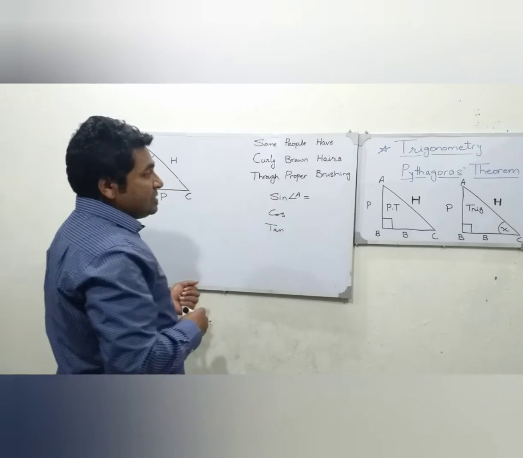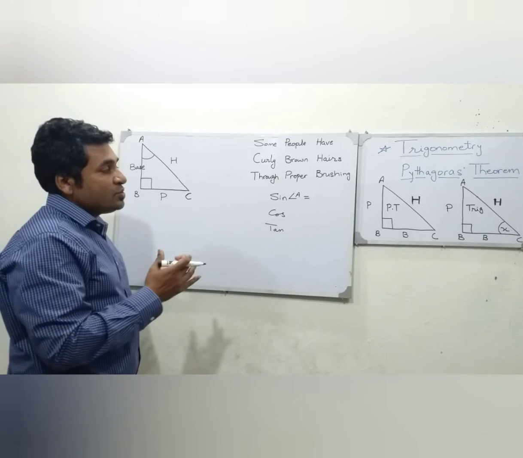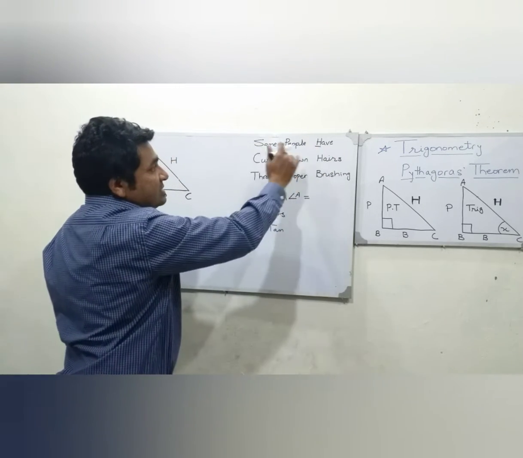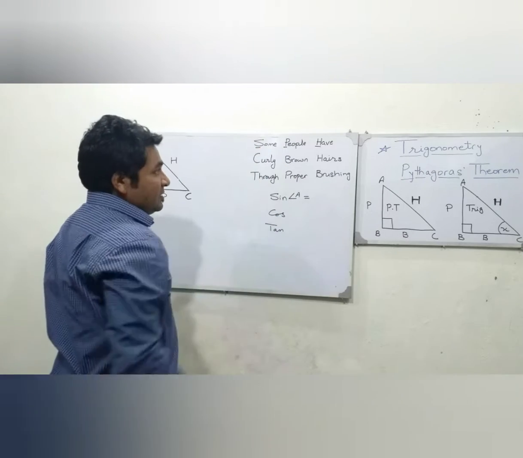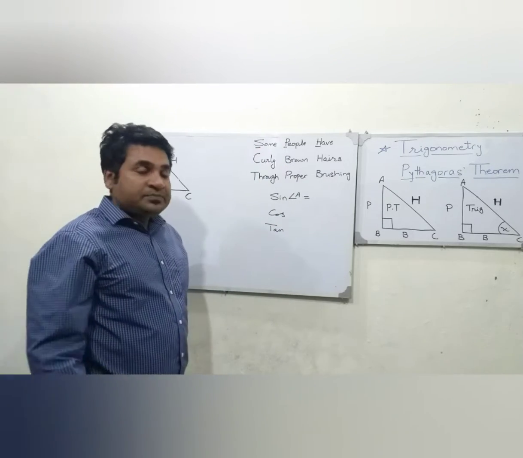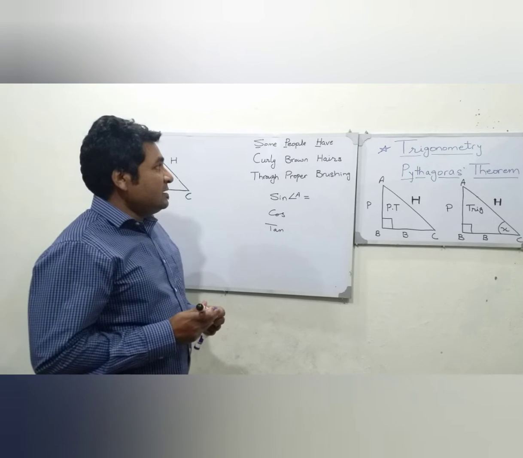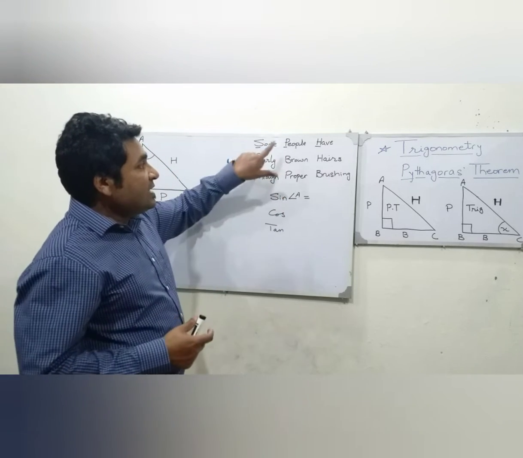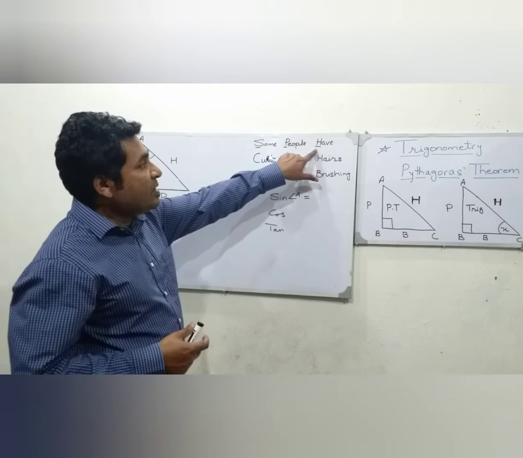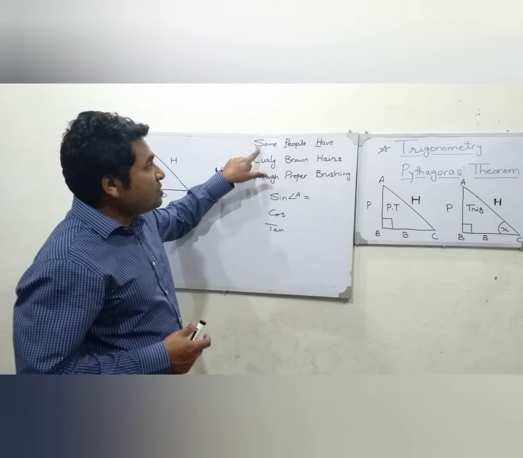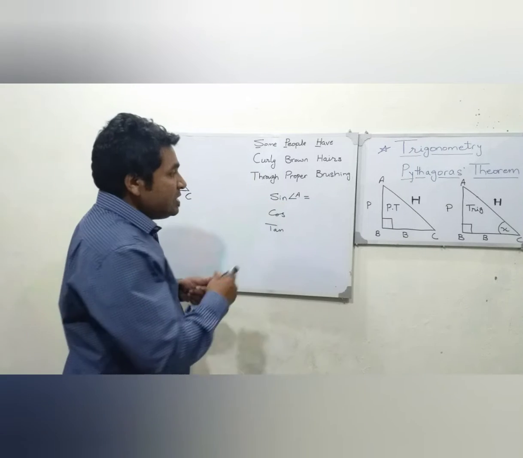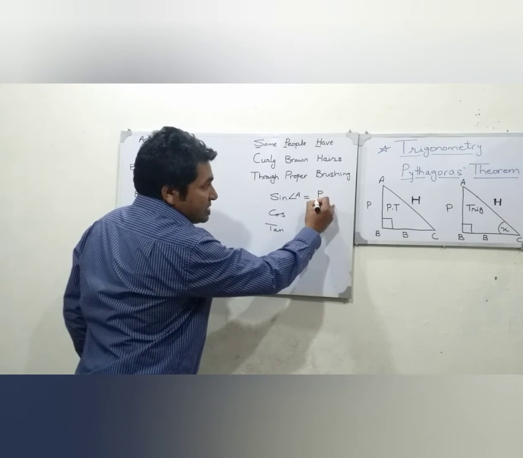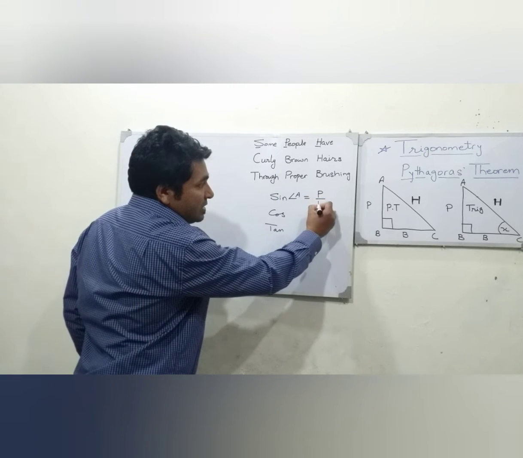Each ratio is the name of a ratio of sides. This is a very common and easy way to learn the ratios and their names. If we take the ratio of perpendicular and hypotenuse, the name is sine. So sine is equal to perpendicular over hypotenuse.